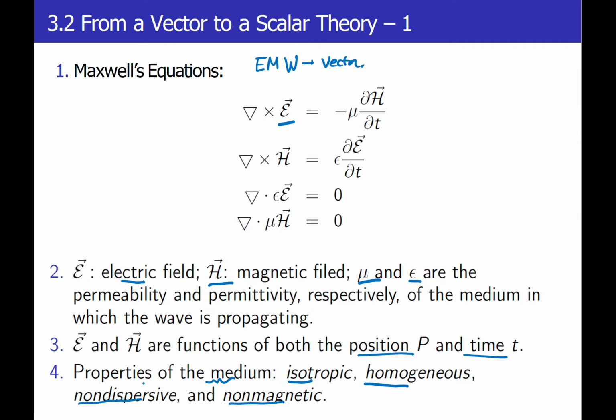This is a very important assumption we are going to keep. Non-magnetic means we do not consider mu varying, and it is given by mu0. And non-dispersive means epsilon is a constant.